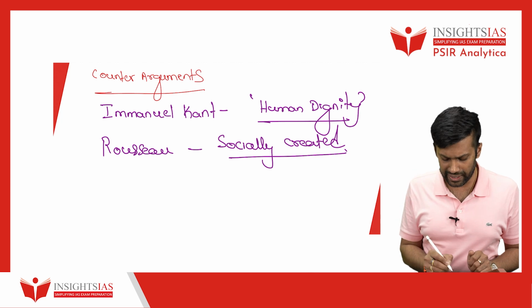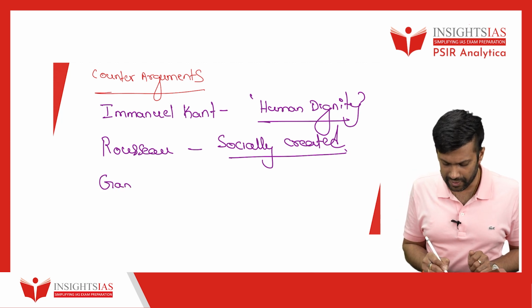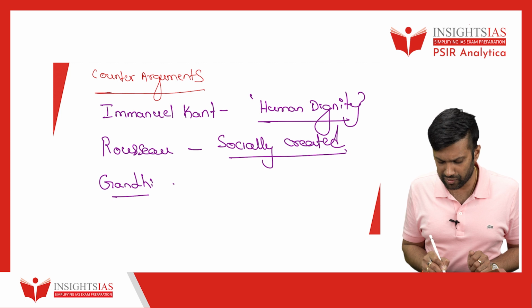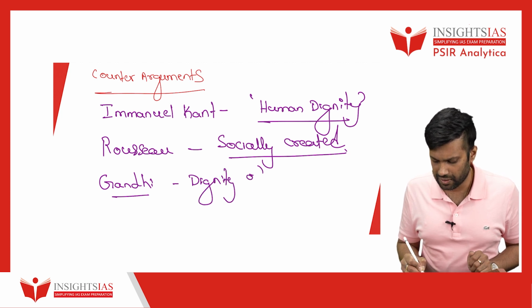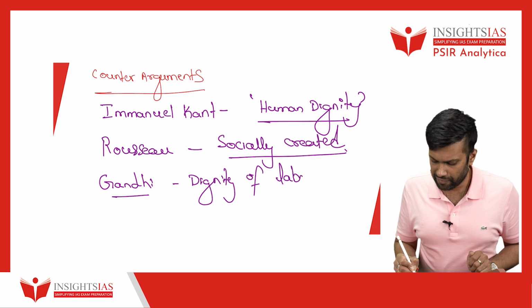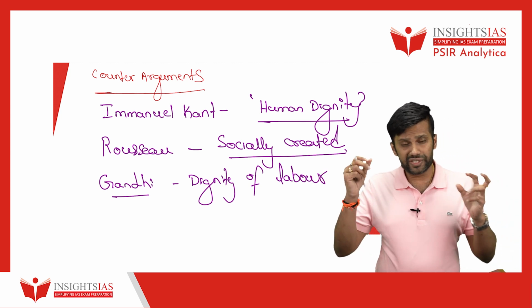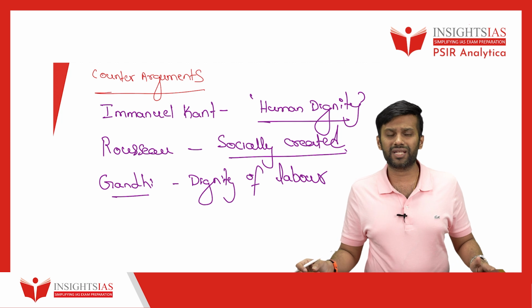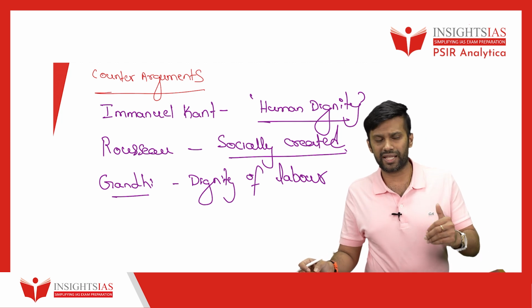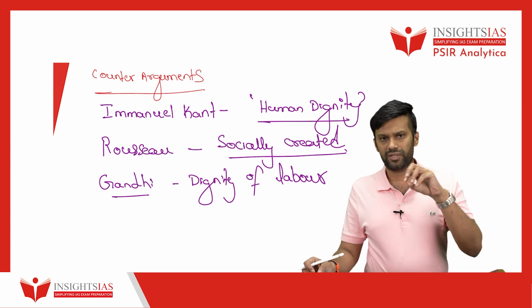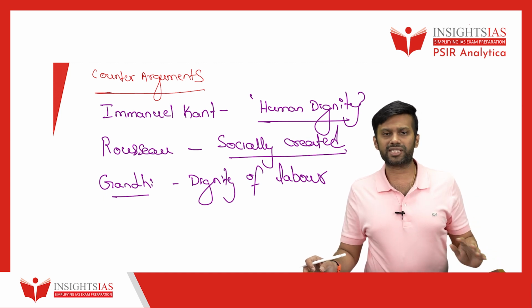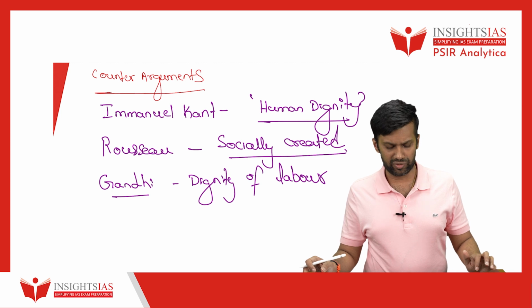And you can also link, if you want, Gandhi, because Gandhi speaks about dignity of labor. For Gandhi, both physical work as well as intellectual work are equally important. That is where Gandhi says we have to treat a lawyer and a sweeper equally. We cannot discriminate based on their attributes in that regard.